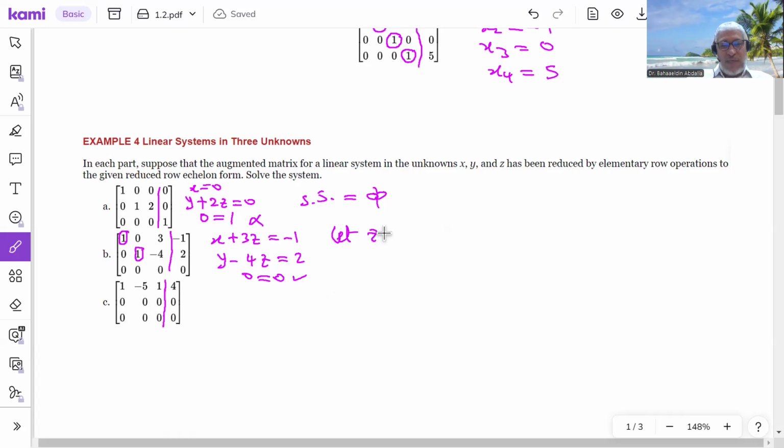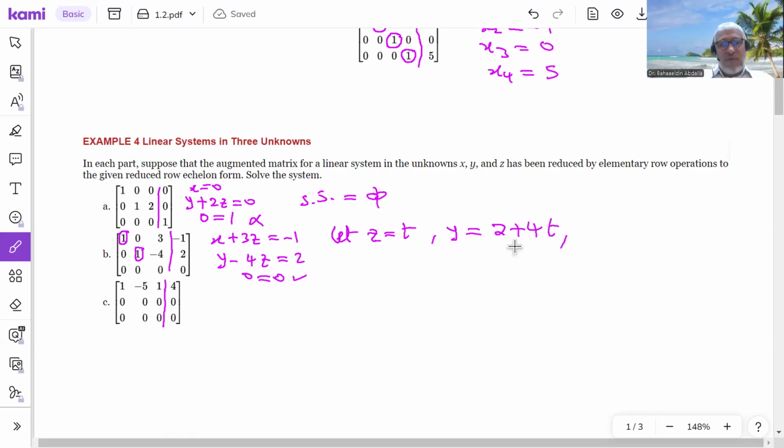So I say let z equals t. If z is t, then from the second equation, I can solve for y. So y would be what? If you take 4z to the other side, it would be 2 plus 4z. But z is t, so y would be 2 plus 4t.